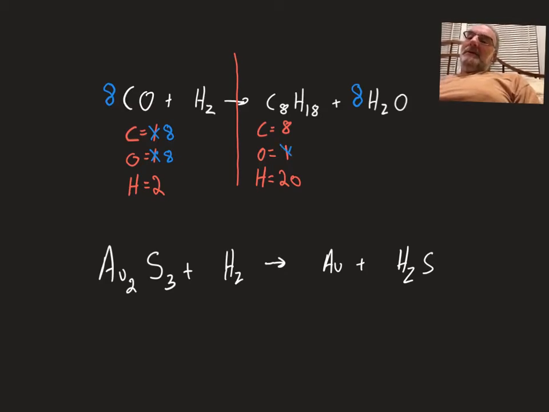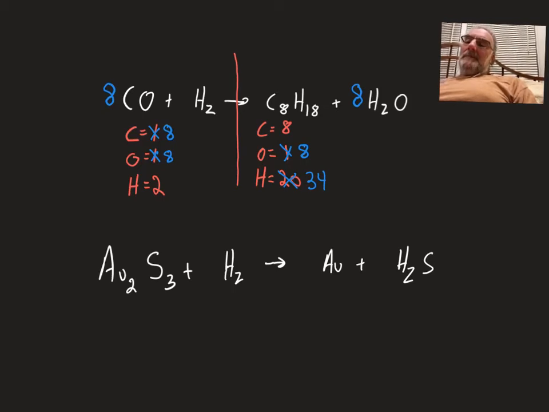So now I have 8 oxygens. And how many hydrogens do I have there? I have a total of 16 in the water and 18 in the octane. When I add 16 plus 18, I get 34.